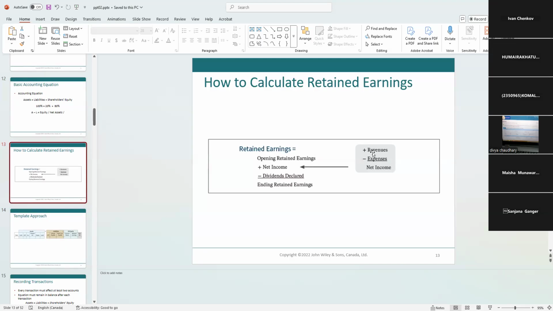So in the retained earnings, we're gonna keep separate the revenue, keep separate the expenses to generate the net income, and we're gonna see the dividend declared. Every time we're generating the revenue, we're gonna show it as a positive amount. Every time we're generating expenses, we're gonna show it as a negative amount. More expenses, more negative. That will reduce the income. If we have the revenue, that's gonna increase the income.